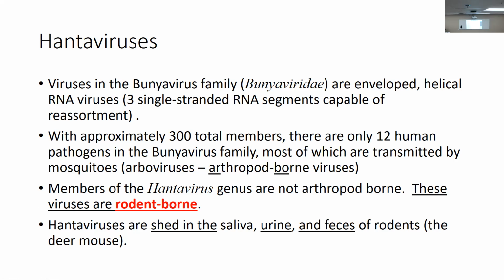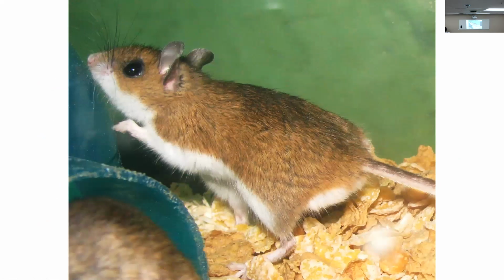When you have a virus in a rodent, that rodent is in your area, expressing its urine and its feces, and the one that does this for the hantavirus is the deer mouse. We've got a picture of a deer mouse on the front page of your PowerPoints. The deer mouse is named that way because it looks like a deer. Not that it has anything to do with deer, but it looks like a deer.